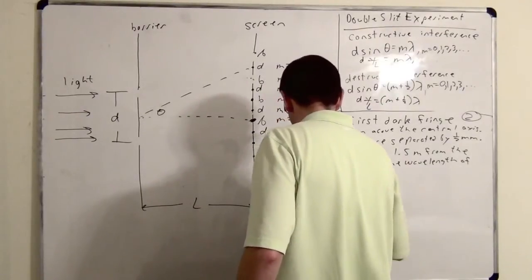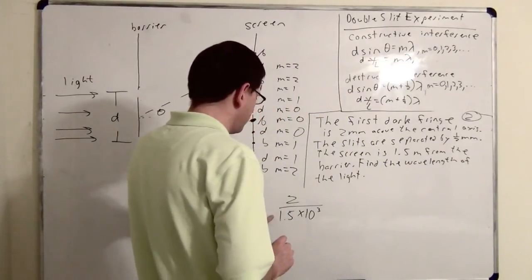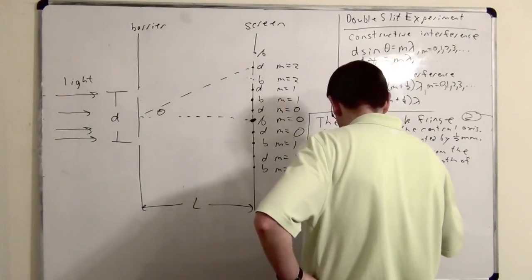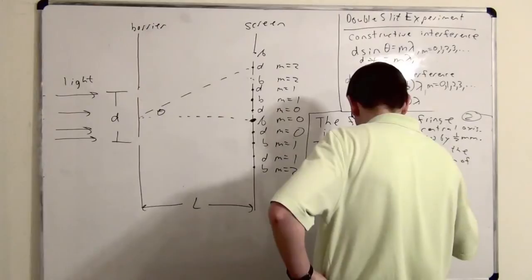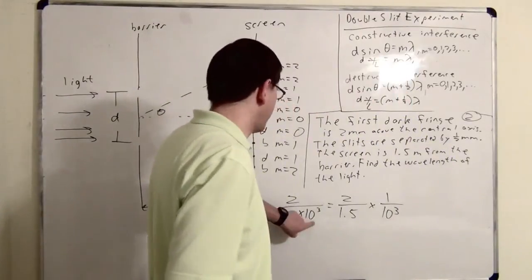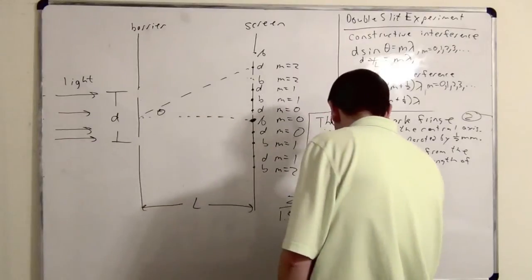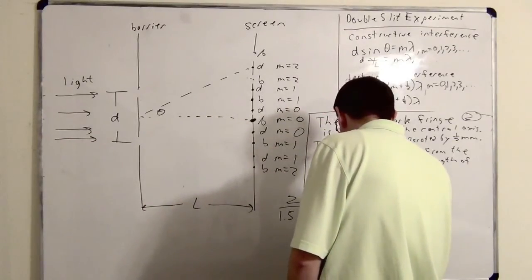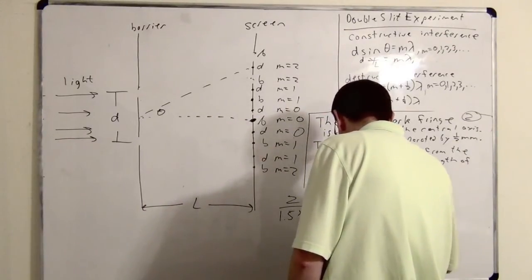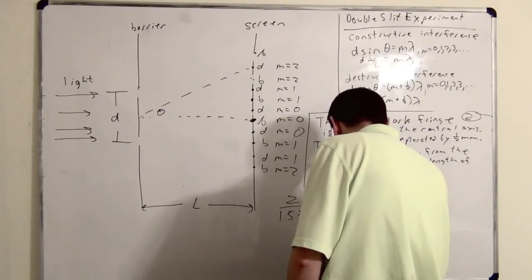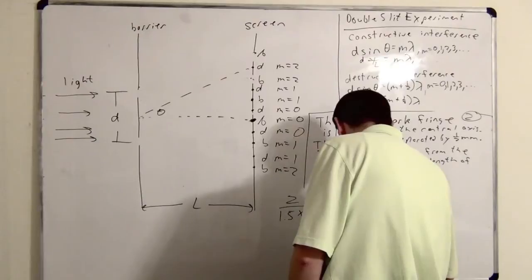So this is what you have. The first thing you should do is this. You're getting confused by combining the power of 10 with the numbers. Now this part you did correctly: 2 divided by 3 halves. You're right, 2 divided by 3 halves is 2 times 2/3.